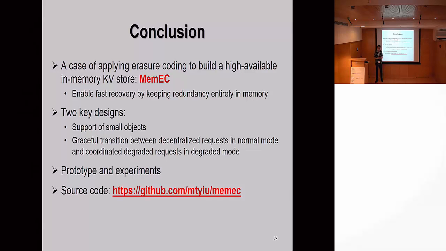The coordinator will be the bottleneck for sure if your degraded mode lasts for a long time. I think one way to address this, I don't know the details, but maybe to take weaker consistency guarantees. Maybe that's one way to handle that. Yeah, that's what I can think of for now.